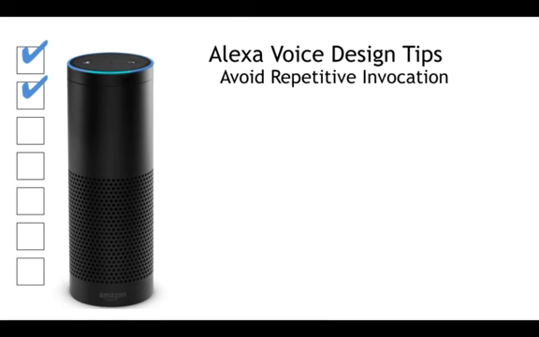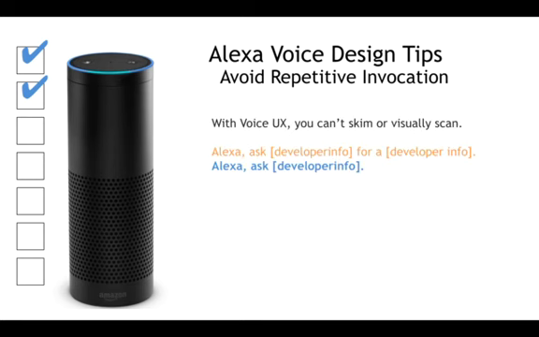Also, avoid repetitive invocations. With voice user experience, you really can't look at all the options you have and then choose something. So you've got to make sure you're very succinct, and you're not making your user say multiple things or say the same thing multiple times. So in this case, "Alexa, ask developer info."